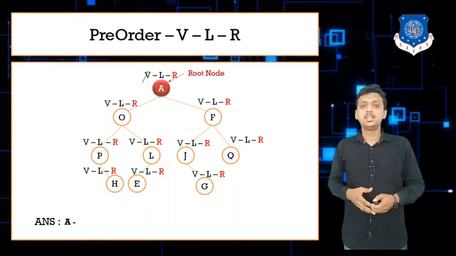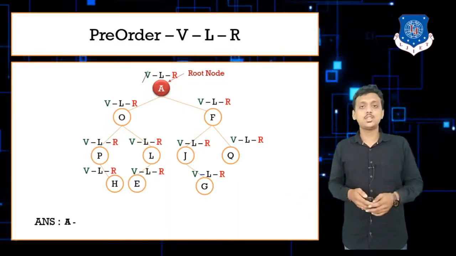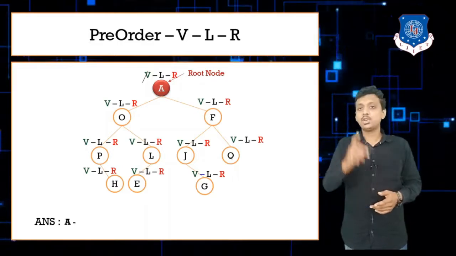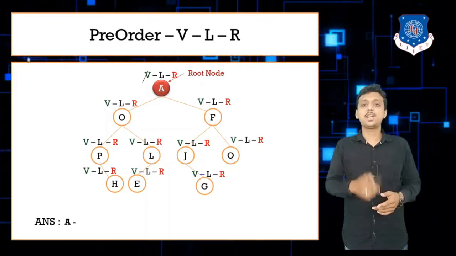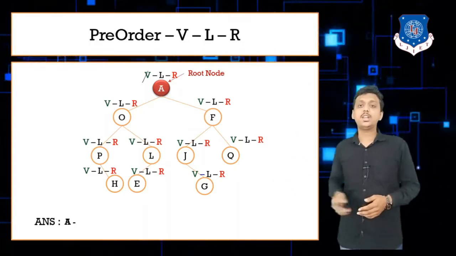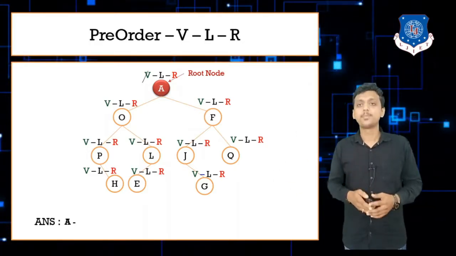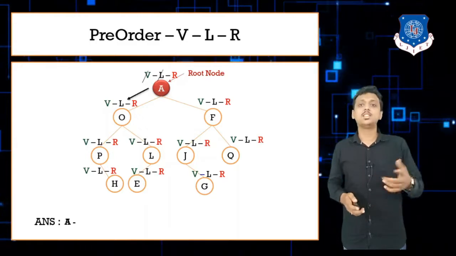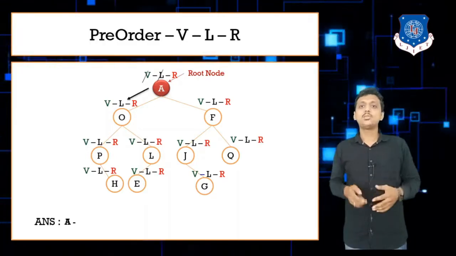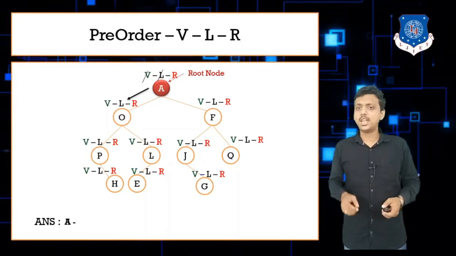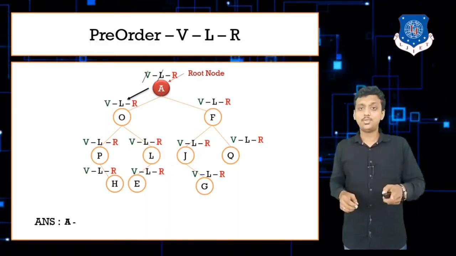Now the next operation on A is L. L stands for going to the left side of A. On the left side of A there is the node O. So cut the L and then move towards O. For O, what is the first operation? It is already written there: students, you need to visit first.